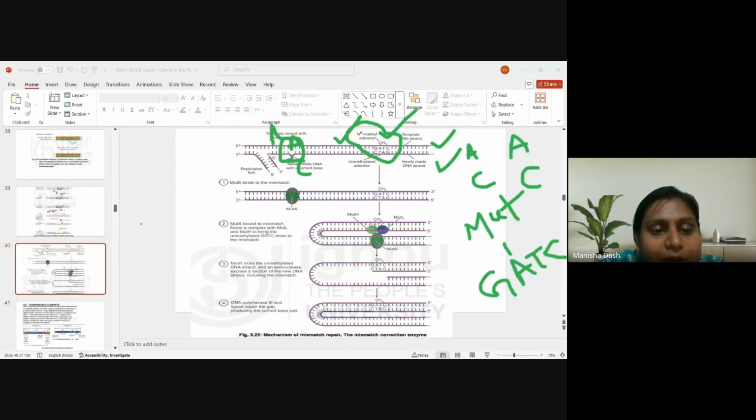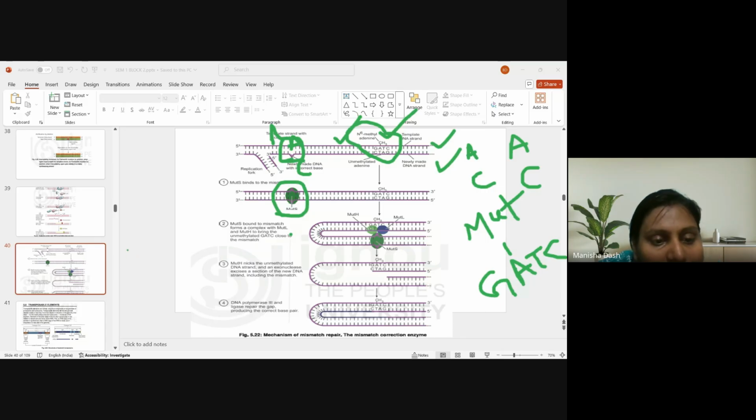MutS will go and bind to the mismatch site where it has occurred. Then MutS bound to the mismatch forms a complex with MutL and MutH to bring the unmethylated GATC close to the mismatch site. So it forms a loop kind of structure.